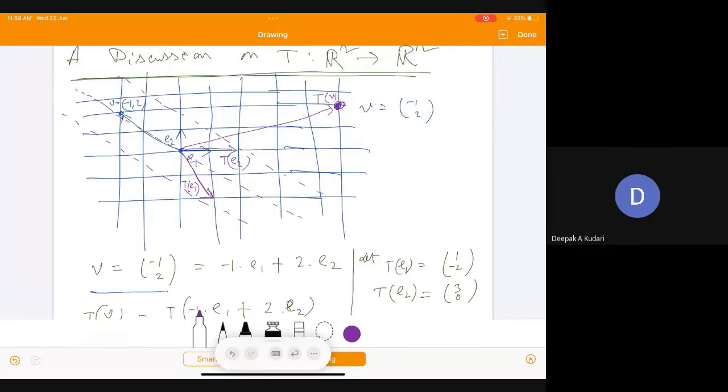Sir, you have marked V as minus 2 comma 2, I think, in that diagram. But you have written the vector V as minus 1, 2. You've taken the vector as minus 1, 2, right? But you have marked on the diagram as minus 2 comma 2.